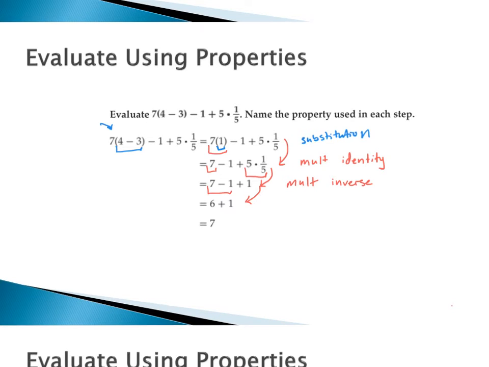Those are all hints that you're back to substitution. You have replaced a value with something different. And then same thing from here to here. You don't get a 1, you don't get a 0, you don't get the number you started with. So clearly we have substituted a value in for an expression.